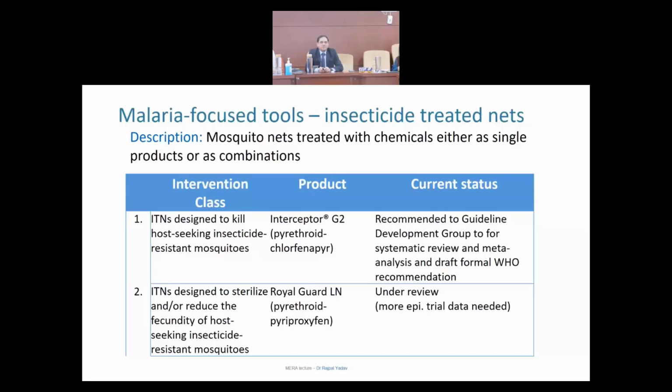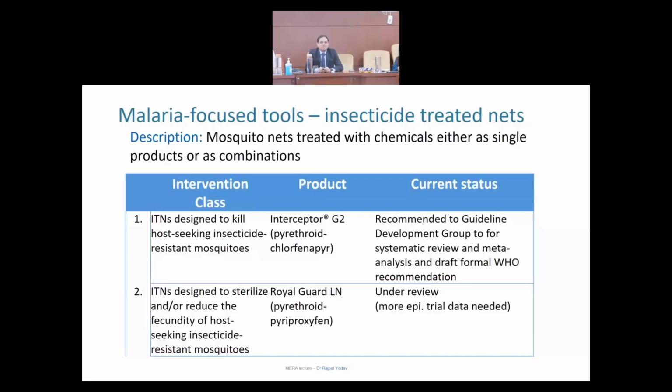The second product is a Royal Guard long-lasting net, which contains a pyrethroid, deltamethrin, and pyriproxyfen, which is a juvenile hormone mimic compound. So this is basically stopping the growth of the mosquitoes once they get this insecticide. Once again, this is a different insecticide class.